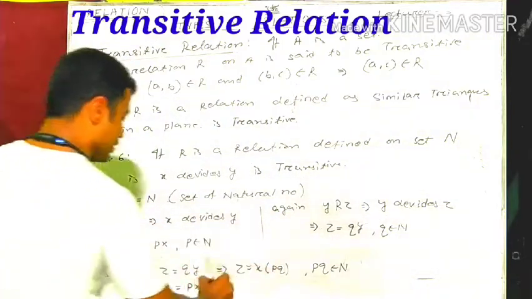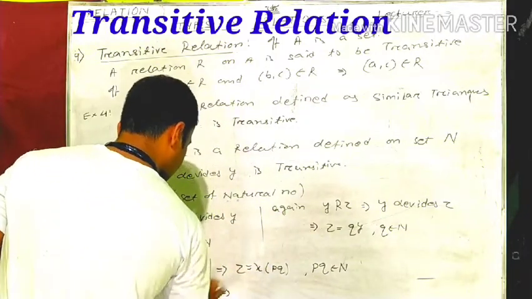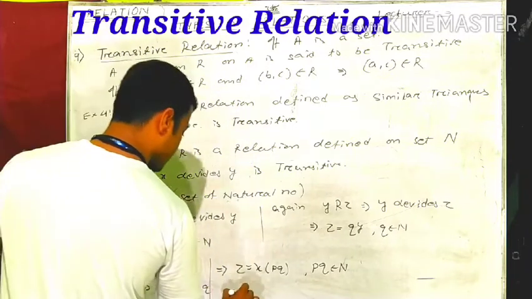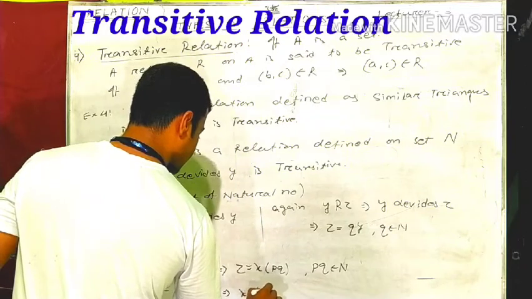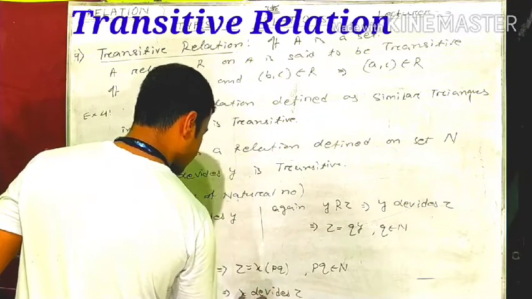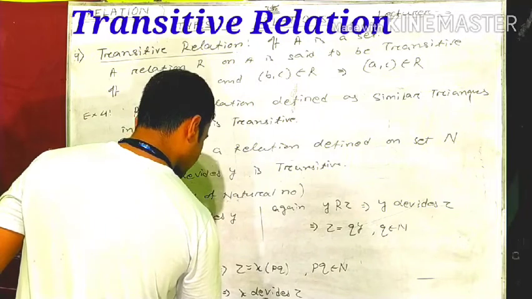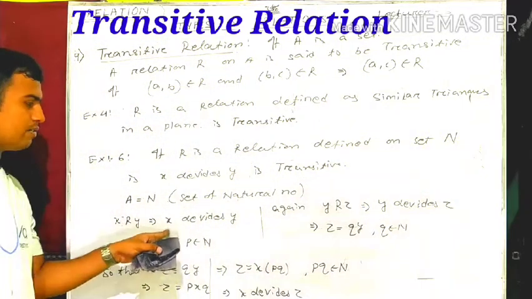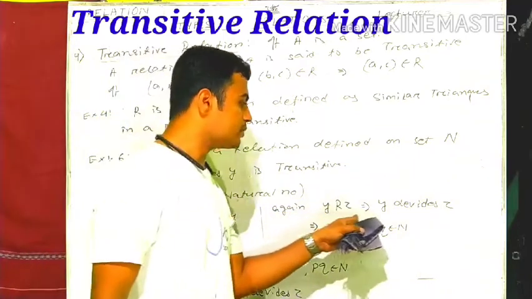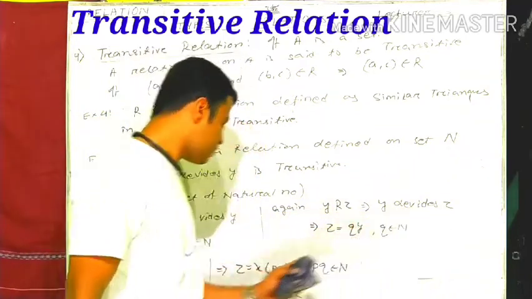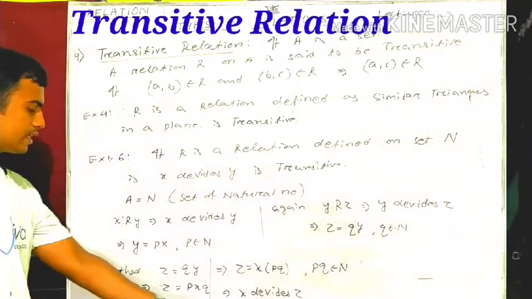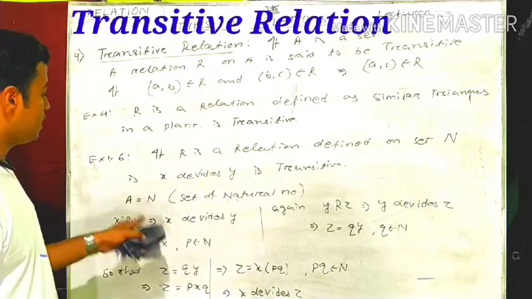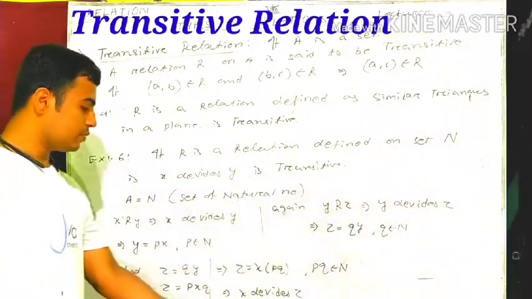So here we conclude that x divides z, that implies x is related to z. Because first x is related to y, x divides y. Again y is related to z means y divides z, z = qy, and y = px. Then x is related to z. We conclude that if x is related to y and y is related to z, then x is related to z, so it is a transitive relation.